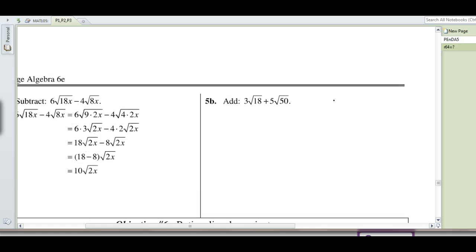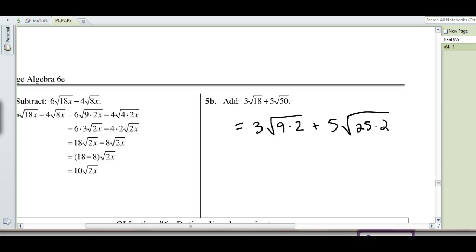Okay, 5b, they don't look alike right now, but maybe when we simplify the square roots we can make those end up looking similar. So 18 we can write as the square root of 9 times 2, and 50 we can write as the square root of 25 times 2.